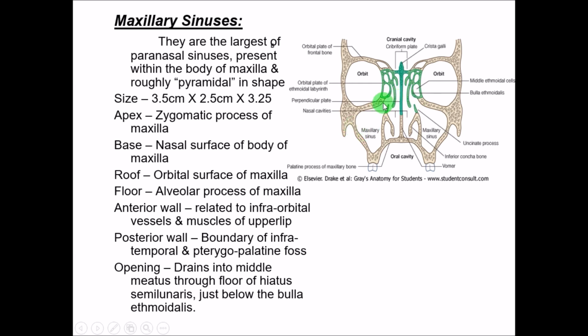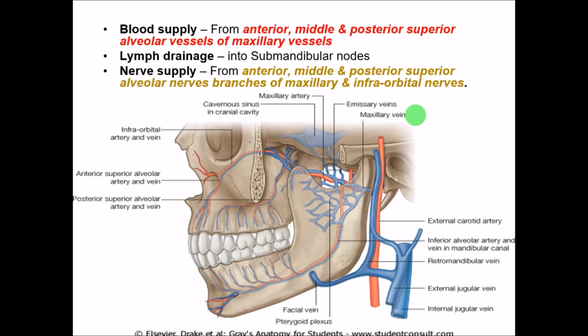It drains into the middle meatus through the floor of the hiatus semilunaris. The hiatus semilunaris, let me show you later, is a circular structure just below the bulla ethmoidalis. So it will be opening here into the middle meatus. This is the opening of the maxillary sinus. So this is all about the maxillary air sinus.